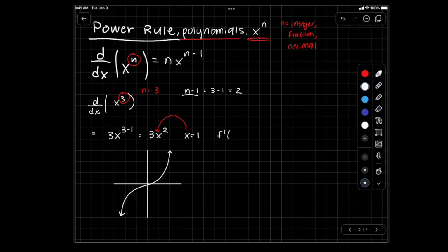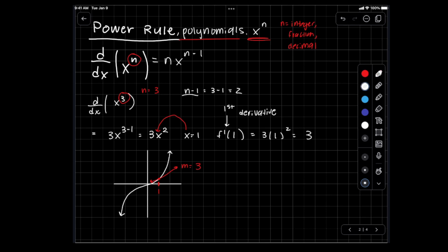So I'll say f prime of 1. Remember, that prime means first derivative. It equals 3 times 1 squared, so it's just going to equal 3 again. So that means at point 1, so let's say this is 1 here, this slope equals 3. So that's simply what it is.